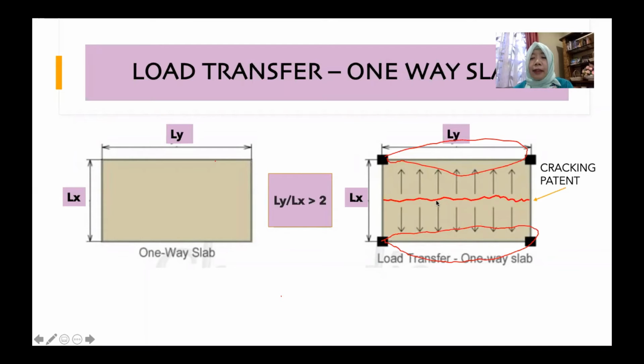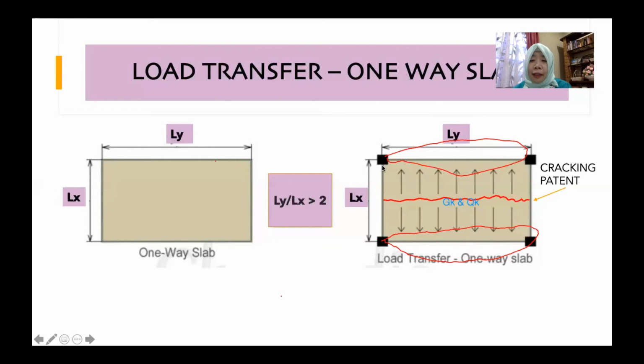As we know, this slab will consist of GK and QK, load from humans and also load from the self-weight. So GK and QK on the slab will be separated into two portions. One portion goes to this beam and one portion goes to this beam.